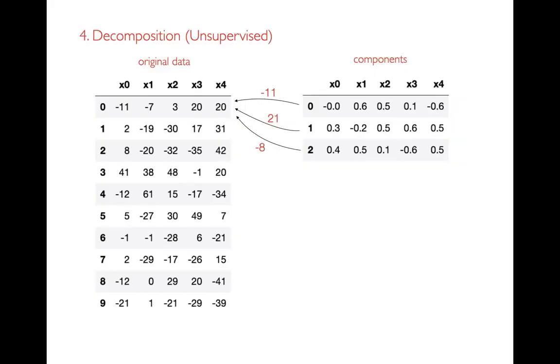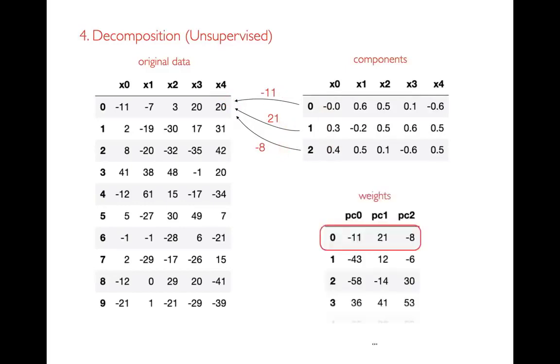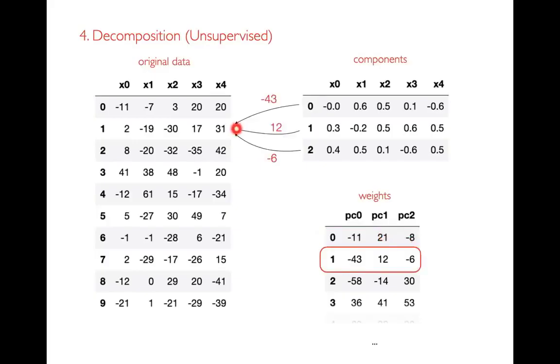So I have that here. I have these numbers here, and what we'll generally do when I'm trying to mix these components to create a row is put these numbers in another table down here. So this will be a table of all my weights, or maybe my principal component scores, and I'll put -11 here, 21 here, and then -8 here, and then for this next row down here, I'll do the same thing.